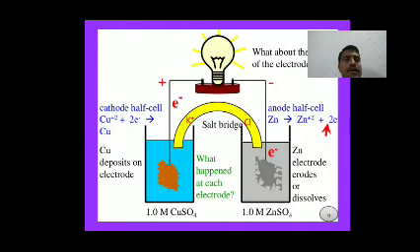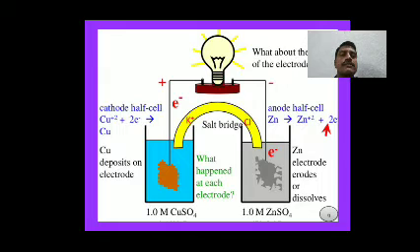Arrangement of a galvanic cell. A galvanic cell or voltaic cell is an electrochemical cell that converts the chemical energy of a spontaneous redox reaction into electrical energy.